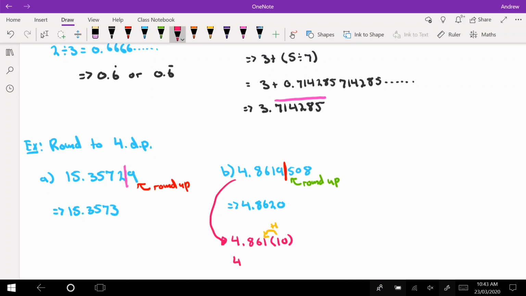So it becomes 4.8620. It is absolutely important that you put that 0 at the end. We know that 4.862 and 4.8620 are the same value, but since the question says round to 4 decimal places, you need to include that 4th decimal spot. If you just wrote 4.862, you'd get it wrong.